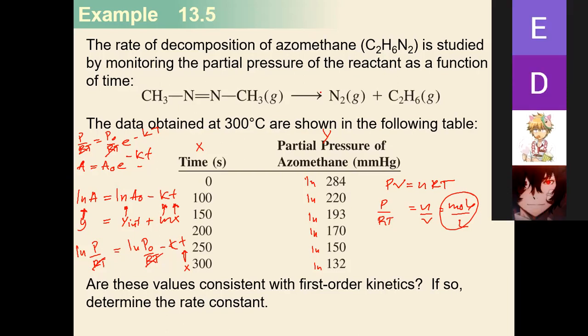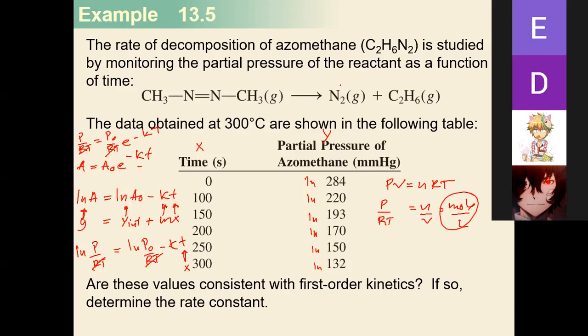So that confirms na yung ating data ay data ng first order reaction, kasi linear yung ln ng pressure against time. So it's consistent with first order kinetics. Any question?